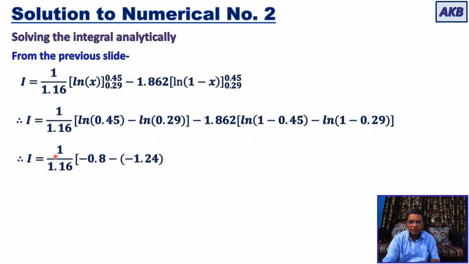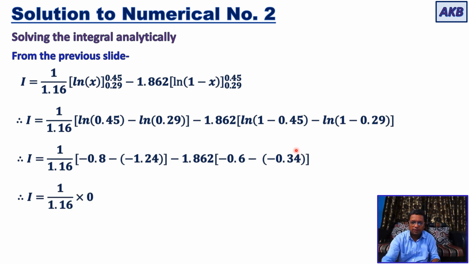So it will be 1 upon 1.16. Ln of 0.45 is minus 0.8, minus ln of 0.29 which is minus 1.24, minus 1.862. Ln of 1 minus 0.45 is minus 0.6, minus ln of 1 minus 0.29 which is minus 0.34.